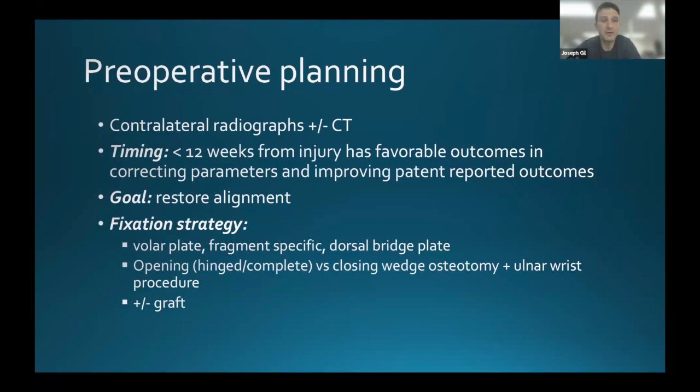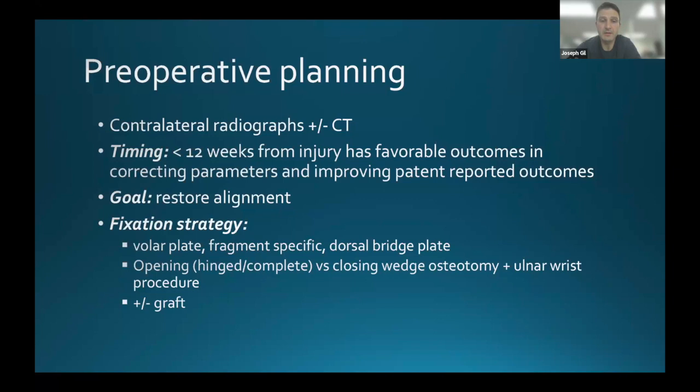The goal of malunion correction is to restore the radiographic alignment. That's the concept here. As Dr. Ree discussed, there are a lot of ways of doing this. Specifically for the osteotomy, it could be an opening or closing wedge osteotomy. For the opening wedge osteotomies, it could be either hinged or complete. I think that's based on how much height is lost, how much length is lost, and how ulnar positive the wrist is.